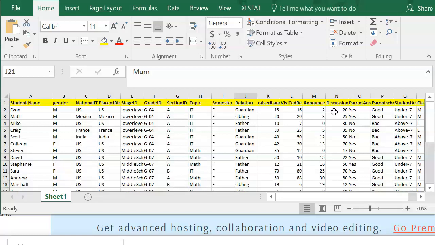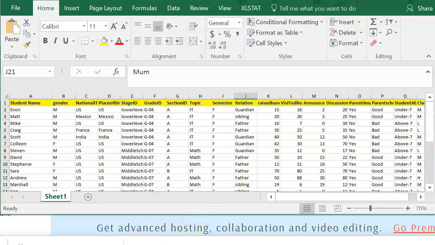That's one of the greatest graph tools which we use to relate the student. And this is a good example to relate the student as well as the concerned party, which may be a parent, a guardian or a sibling.